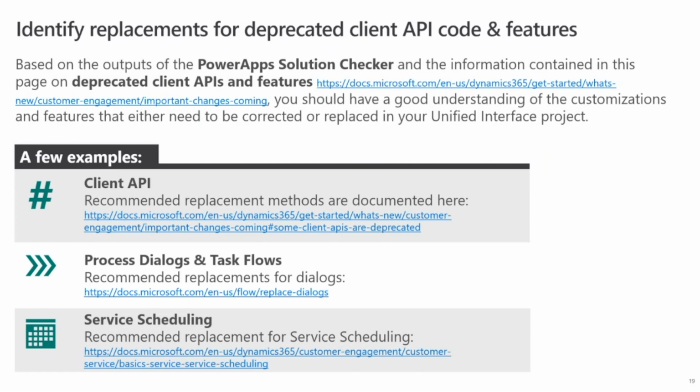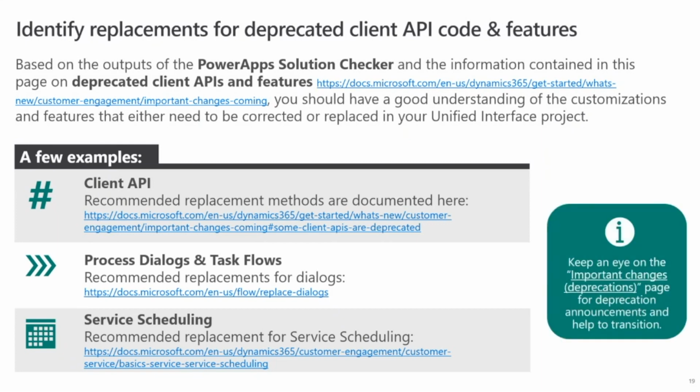Or if you were using service scheduling in the legacy web client, we also have recommendations on replacing service scheduling. And this is a limited list, and we really encourage you to frequently keep an eye on the important changes, deprecations page for any announcements for deprecation and help for transition.